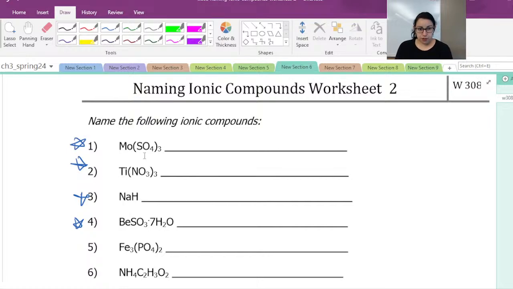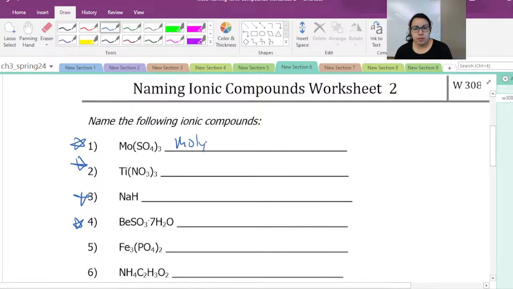So let's try this first one. Any guesses for it? So molybdenum. And then what do we need though? So molybdenum 6 sulfate. So the negative charge of the sulfate, does it cancel out the six?